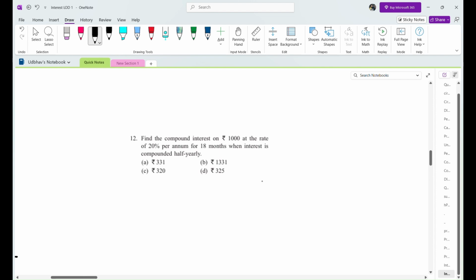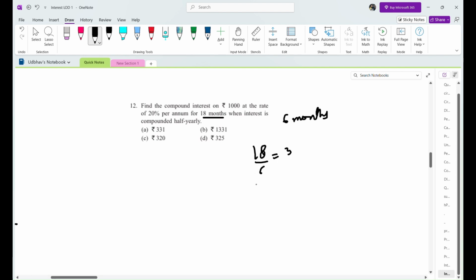Next question. Find the compound interest on 1,000 at a rate 20% per annum for 18 months when the interest is compounded half yearly. Half yearly, that means every 6 months. So how many times the interest will be calculated over a period of 18 months when we are compounding it every 6 months? 18 over 6, 3 times.